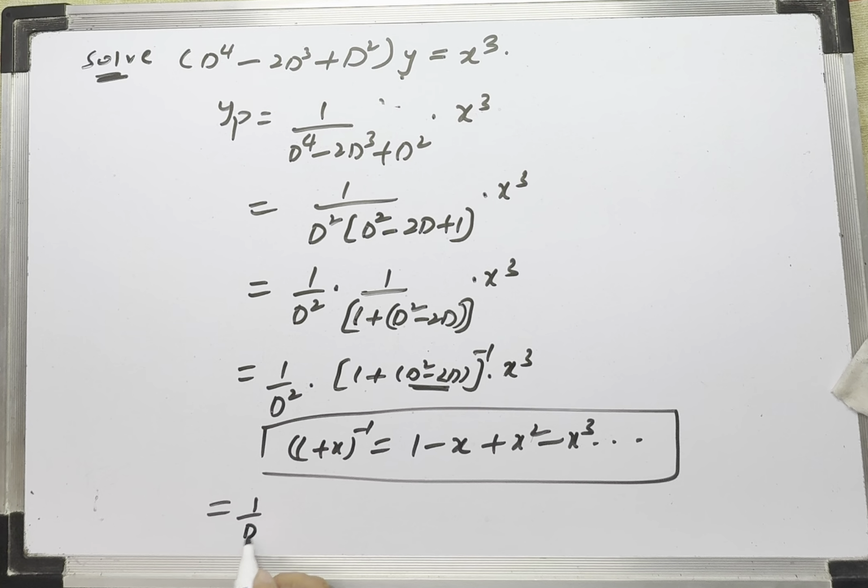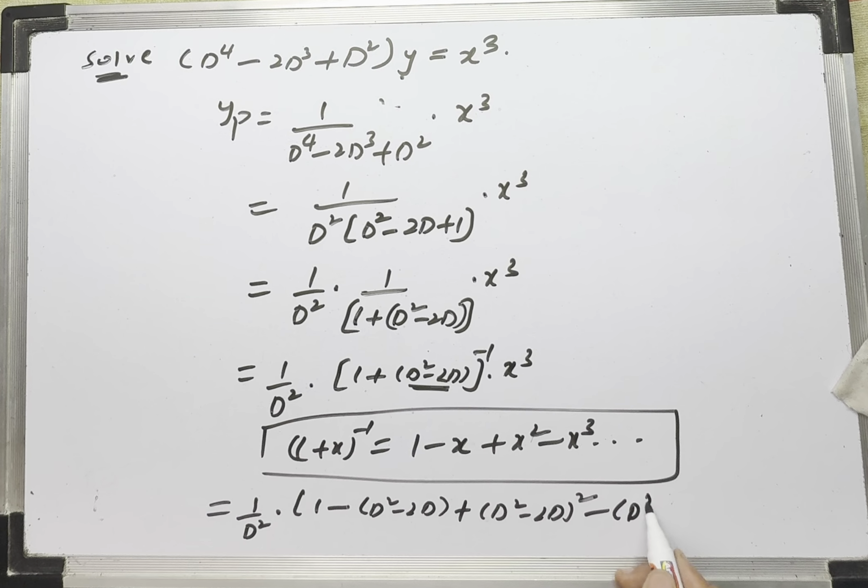So this 1 by D square as it is, 1 minus x plus x square minus x cube, of x cube.